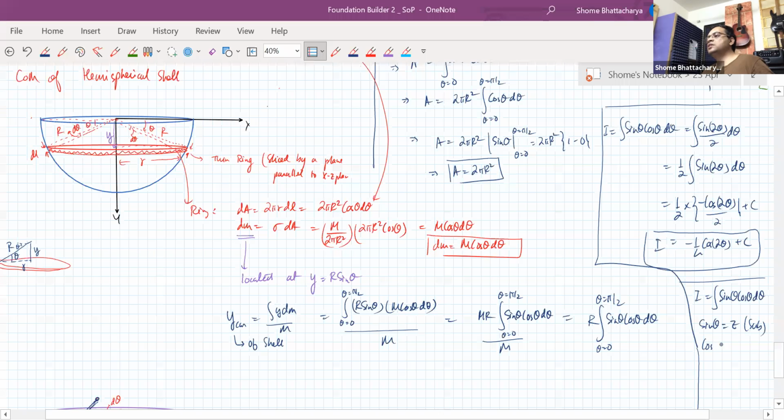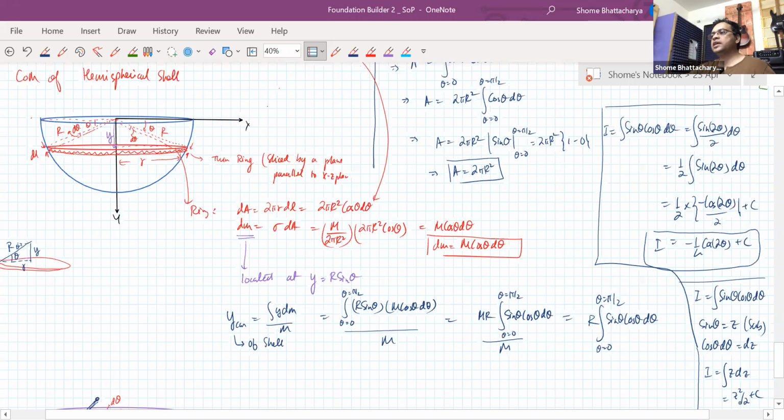So cos theta d theta becomes dz. So the integral becomes z dz, which is z square by 2 plus c. So seemingly it's a different answer we are getting. We'll get sine square theta by 2 plus c.